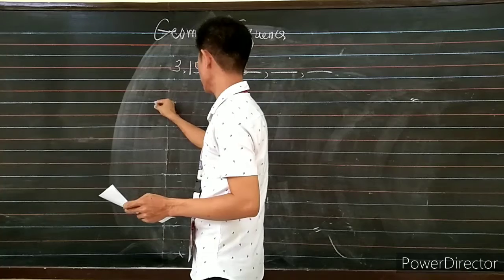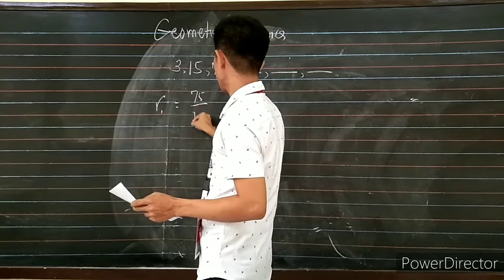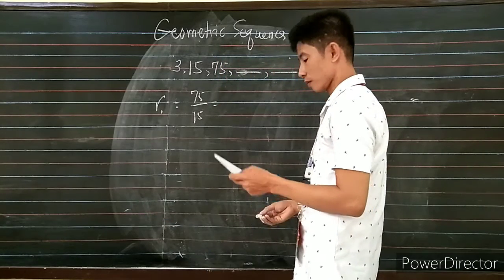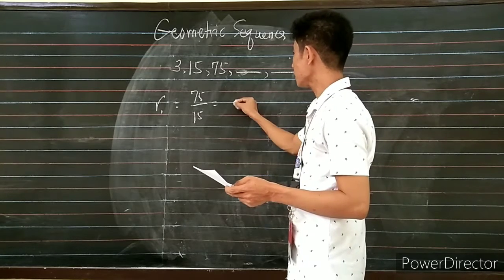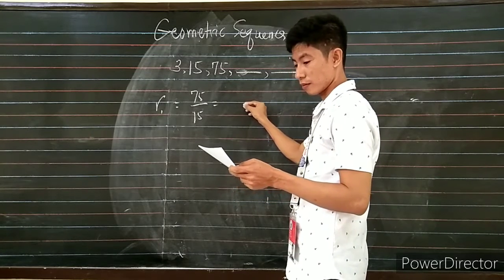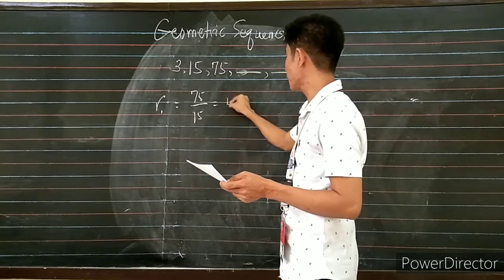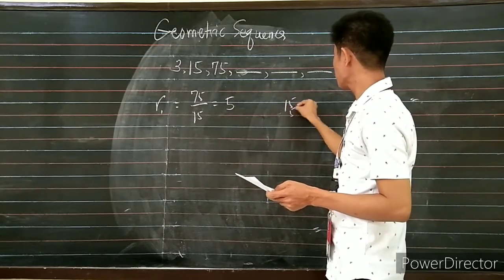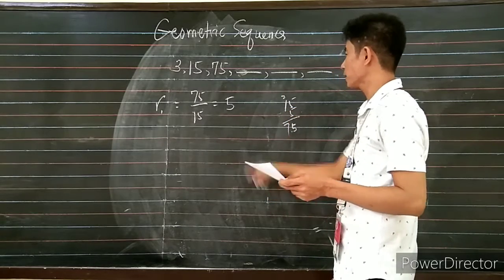The first ratio is 75 divided by 15. That is equal to 5. Let's check. 15 times 5, 25 carry 2, 5, okay, 75.